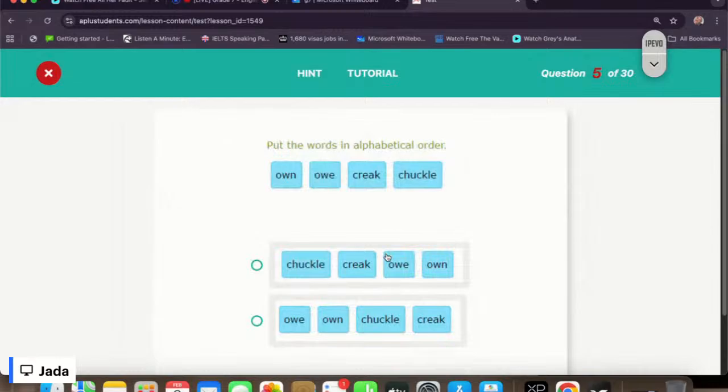Then what do we have here? Okay, so we have the first.